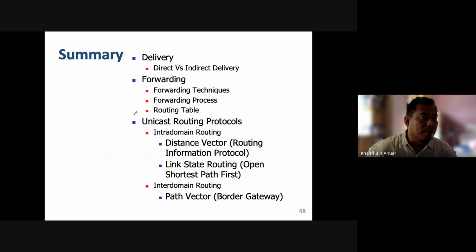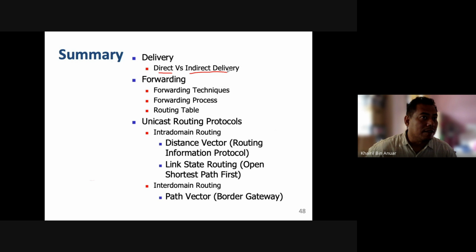Okay, so with respect to that, what we have covered for today's session is that we defined the difference between direct and indirect delivery. For direct delivery, the network is physically connected, so we call that direct delivery. If it needs to pass through any intermediate nodes, we call it indirect delivery.